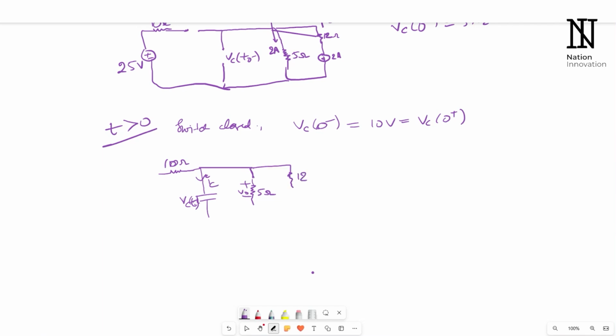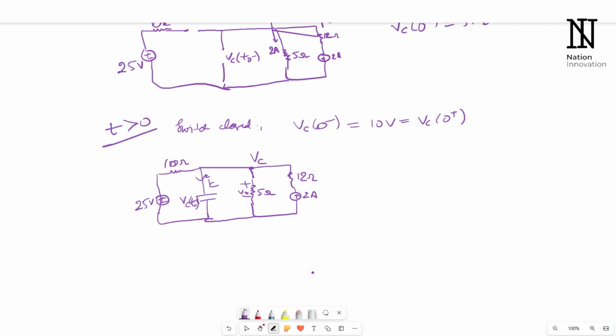We have the 12 ohm resistance here, and the 2 ampere current here. All these are connected across 25 volt. Let us suppose this point is at Vc, right?